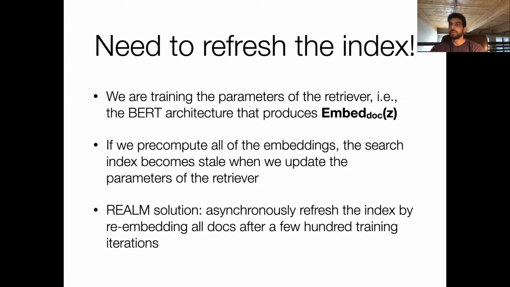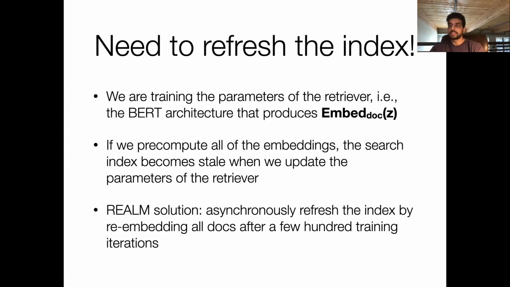But they think it's acceptable to refresh this index every few hundred gradient updates to the retriever. Which means that you will be dealing with a stale index for some number of iterations, but every now and then you refresh all of the documents in the index, and you're back to embeddings that are produced by a model that is better than the older model. They do this asynchronously.